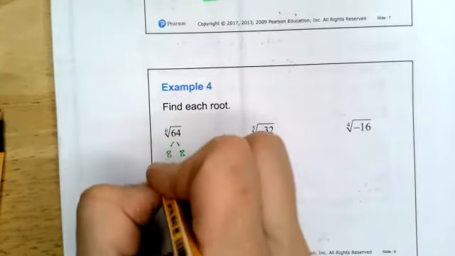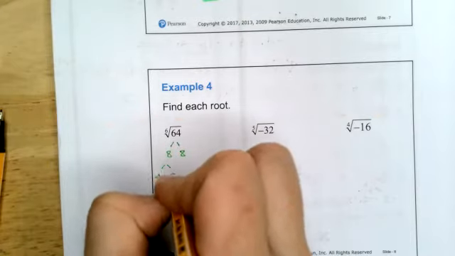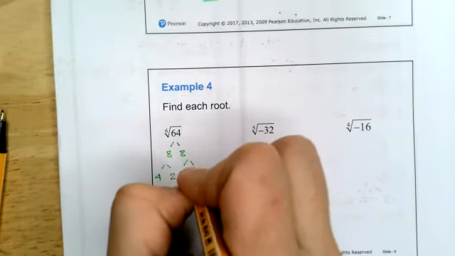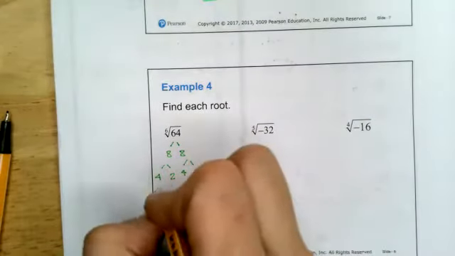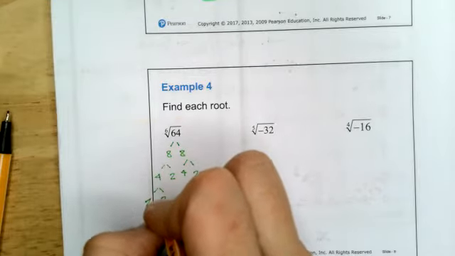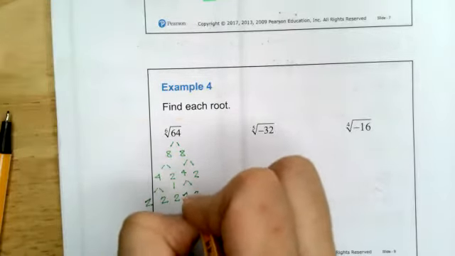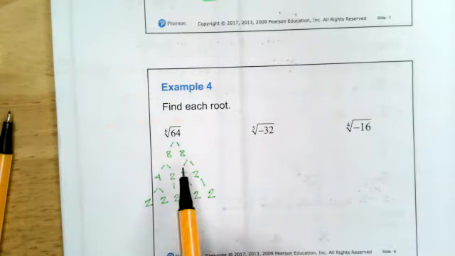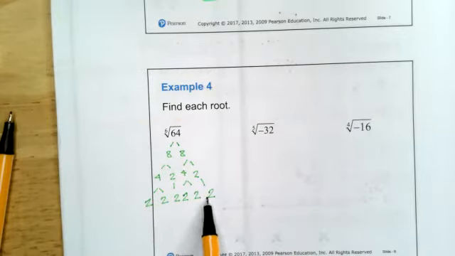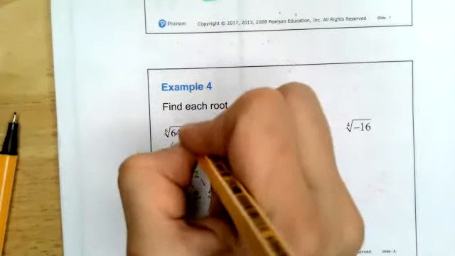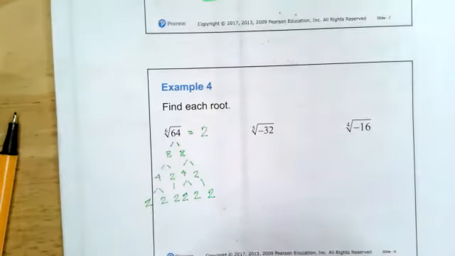We know that 8 can become 4 times 2, and then we know that 4 can become 2 times 2. So 64 is actually 6 2's multiplied together. So the 6th root of 64 is the number 2.